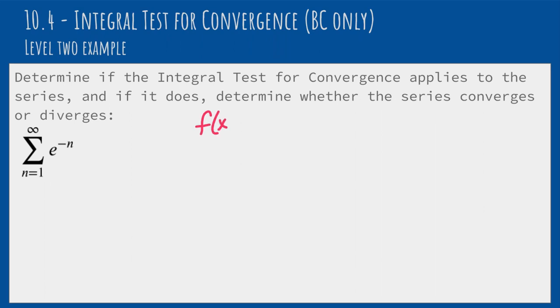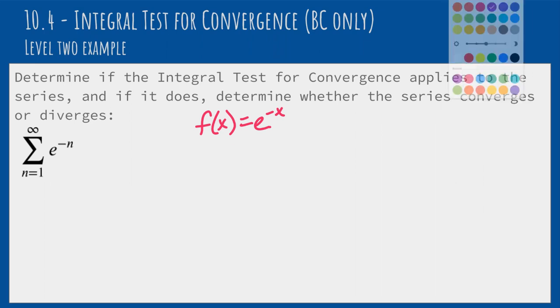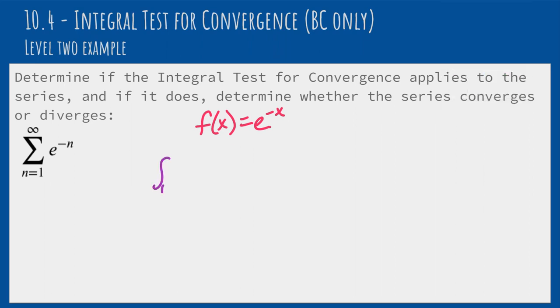So the function that we're going to be looking at here is e to the negative x. And so what we want to look at then is whether the integral from 1 to infinity of e to the negative x converges or diverges. This is an improper integral, so we are going to rewrite this as a limit.